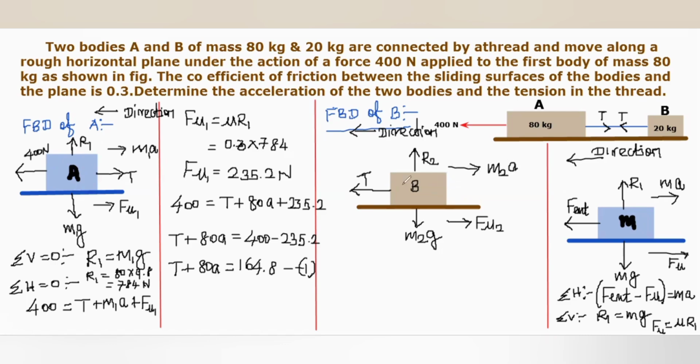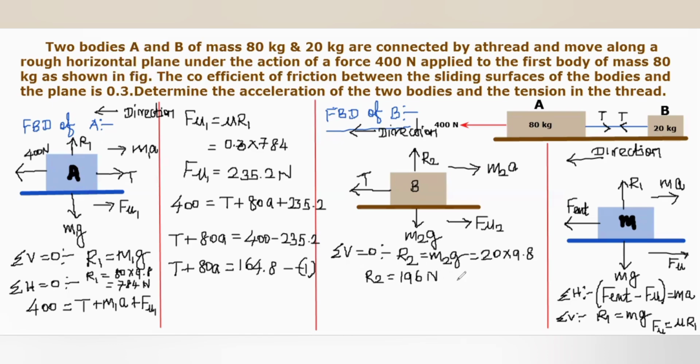If you consider summation of vertical forces equal to 0, there are two vertical forces. R2 is acting upward, M2G is acting downward. So R2 equal to M2G. M2 value is 20 kg, G is 9.8. If you substitute those values, 20 multiplied with 9.8, we will get R2 equal to 196 Newton.